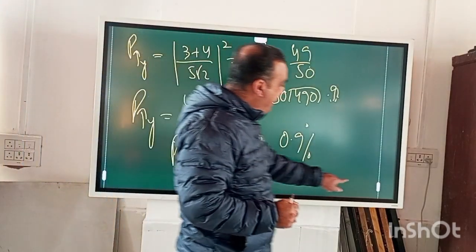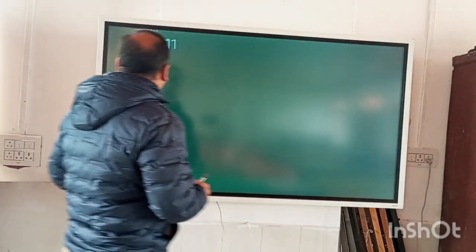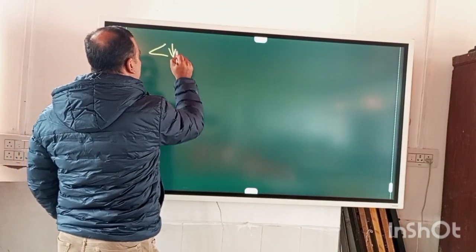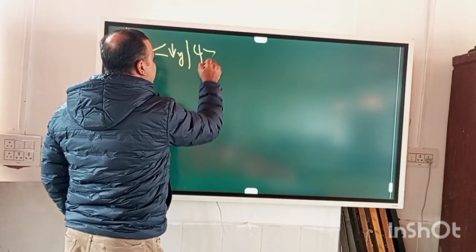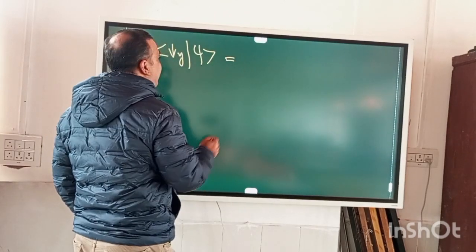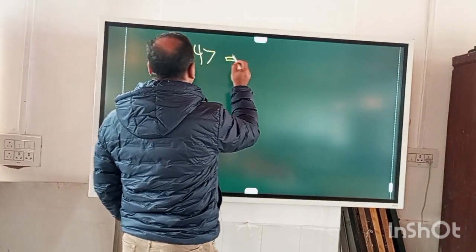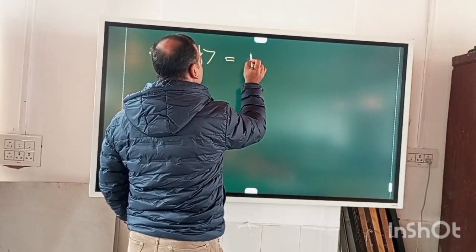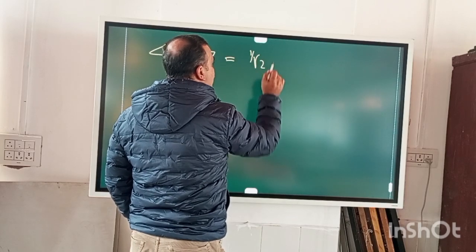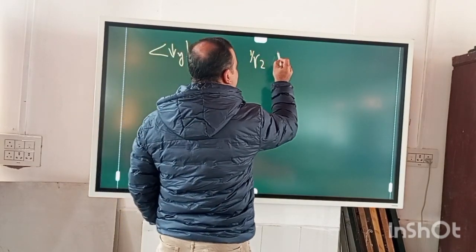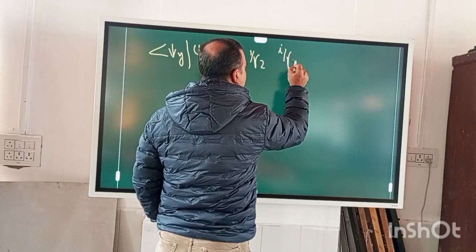Now we can extend the same thing for spin down along y. So spin down along y acting on psi, and I can write this as 1 by root 2. So in that case I had minus here, I'll have i by root 2 simply.